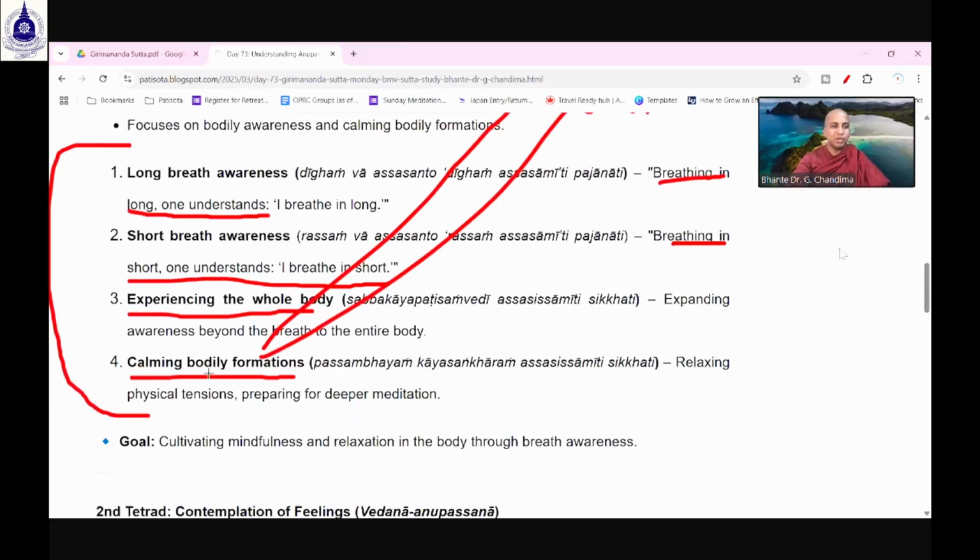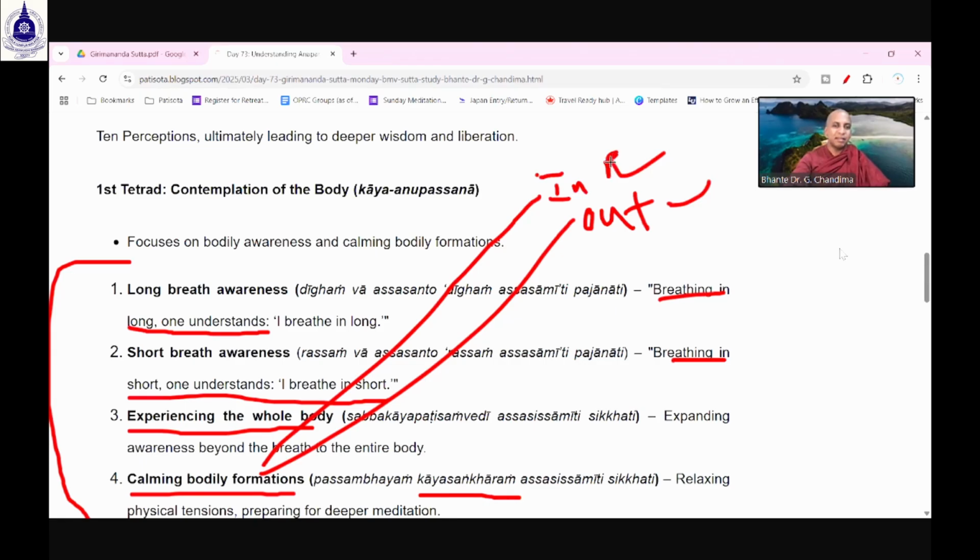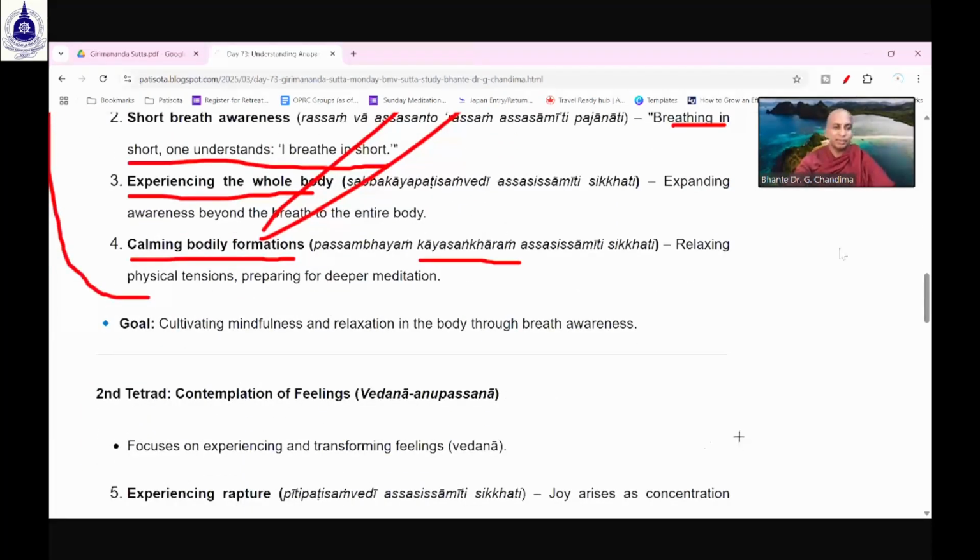We call it calming your Kaya Sankhara. That means in-breath and out-breath. Okay. Goal: cultivating awareness, mindfulness, and relaxation in the body through breath awareness.